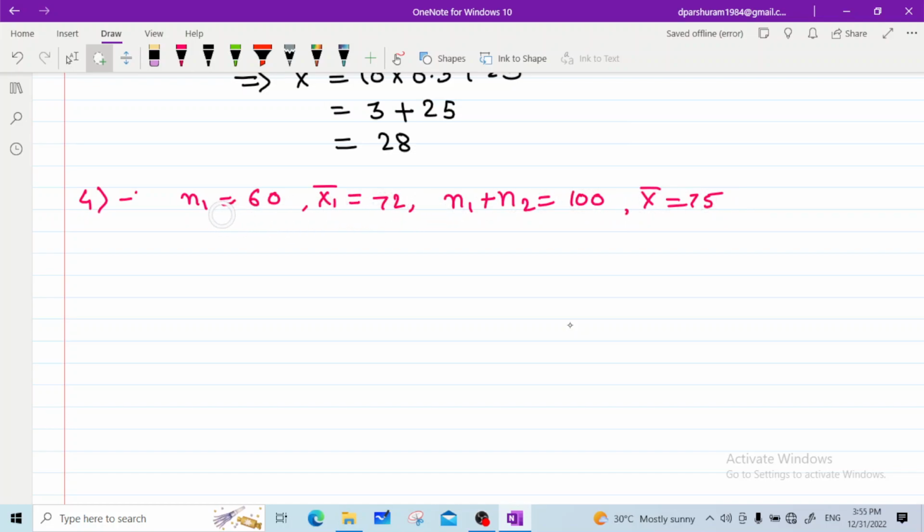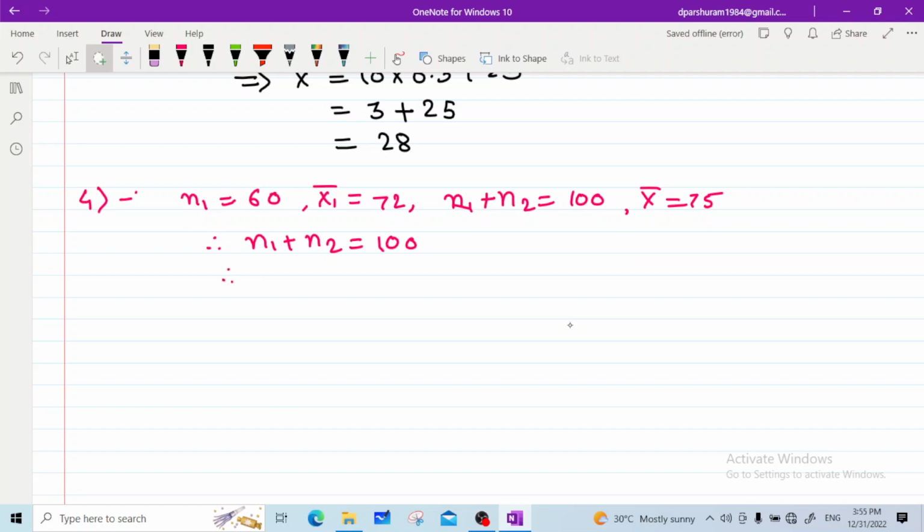We put the value of n1 in this equation, so we get the value of n2. Here n1 plus n2 is equal to 100.